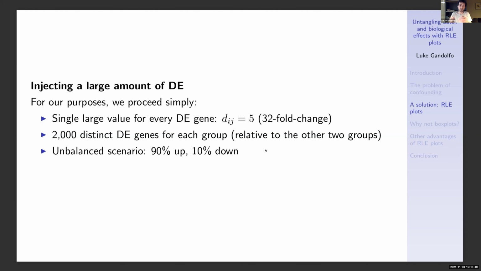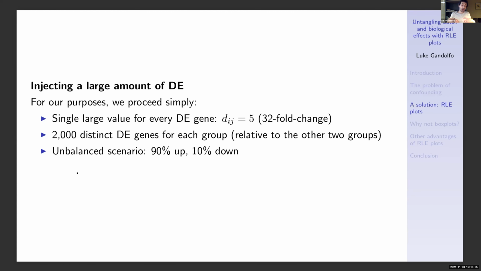That's a serious piece of biology. What's more, we're going to make 2,000 genes differentially expressed for each group relative to the other 2 groups. So overall, we're going to have 6,000 genes differentially expressed, all to a very large degree.